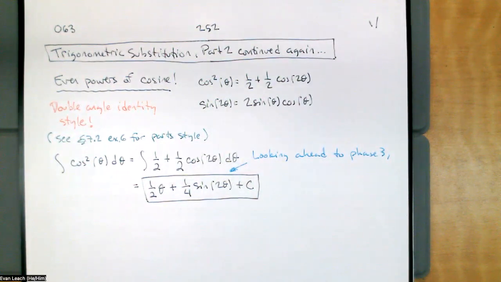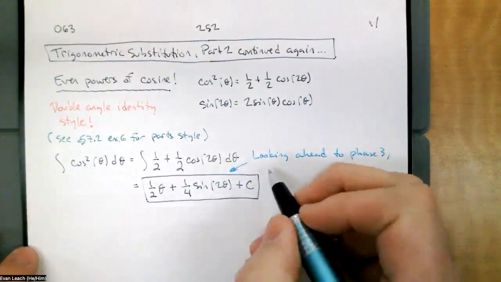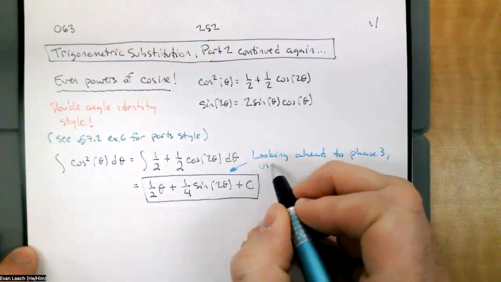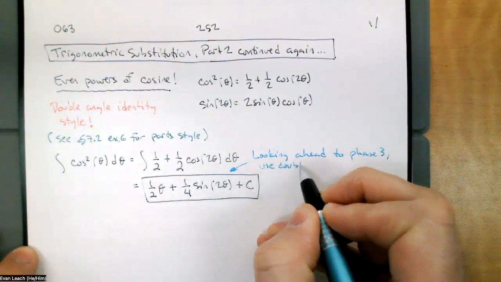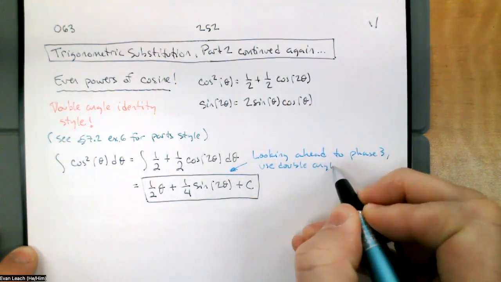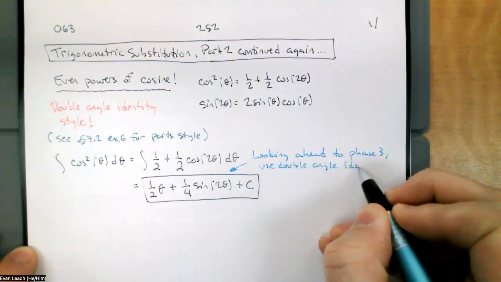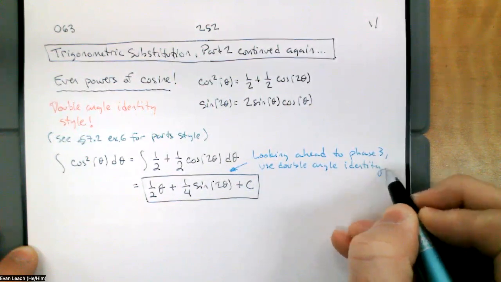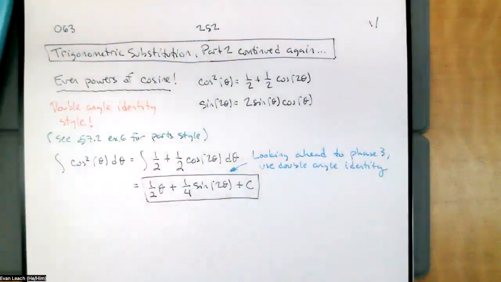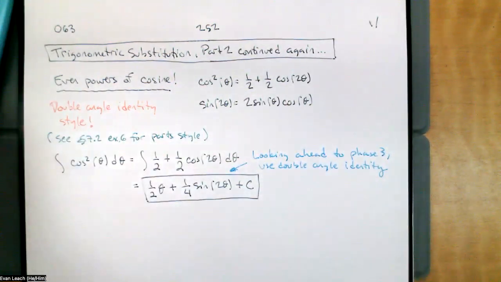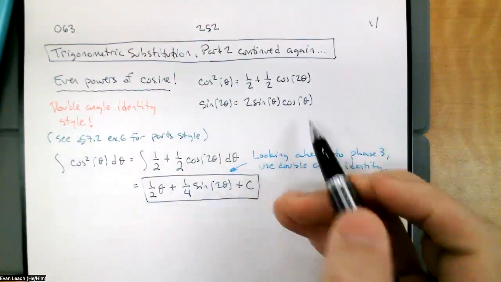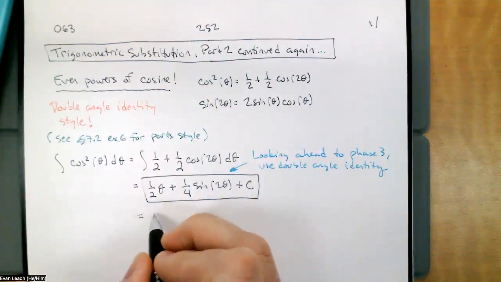Replace your sine of 2 theta with 2 sine theta cosine theta. Use a double angle identity. So we're going to replace our sine of 2 theta with 2 sine theta cosine theta.